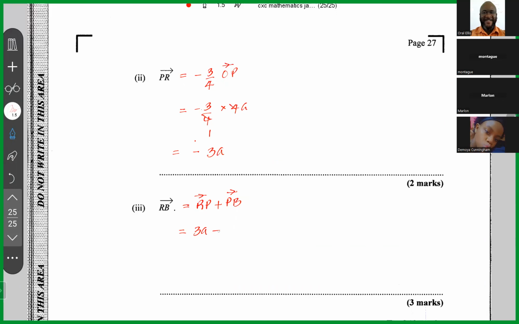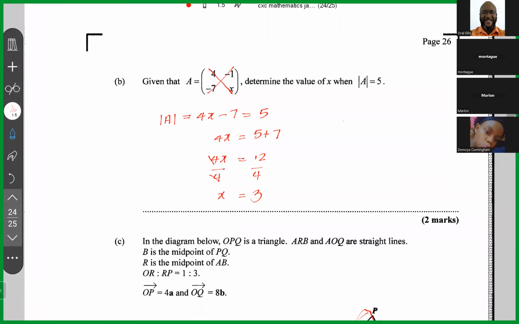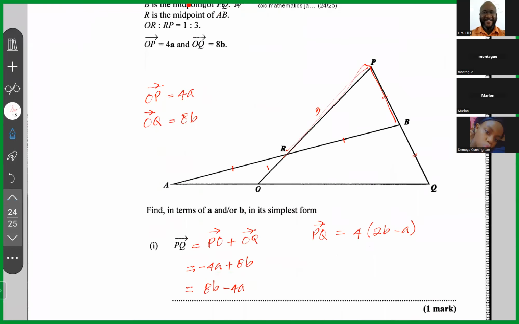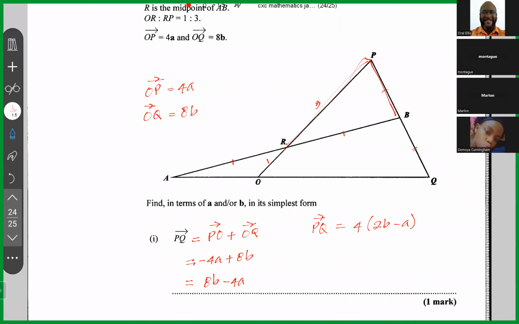And PB would be a half of PQ. All right, we did find PQ, so PB is a half of PQ. PQ is 8B minus 4A.